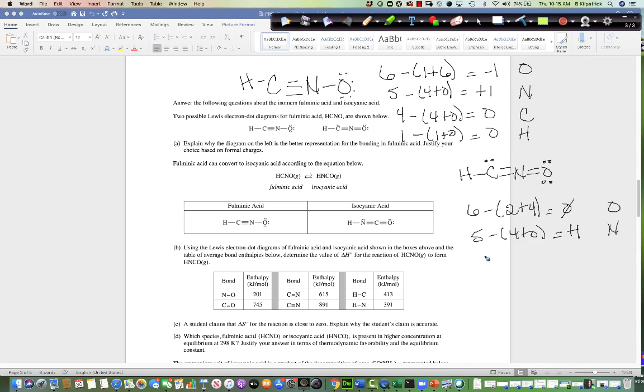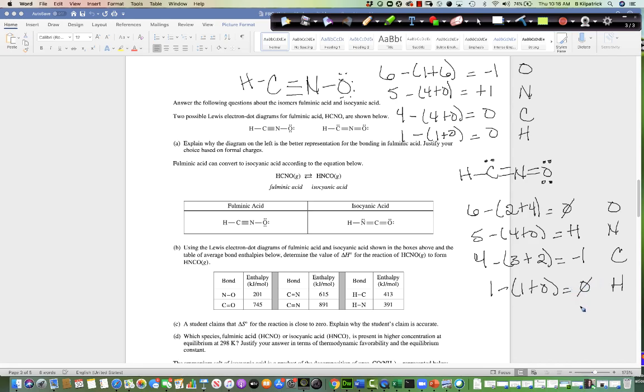Then for carbon, there are 4 valence electrons, and for this one there are 3 bonds and 2 lone electrons. So that one will give me -1. And then hydrogen should be the same thing: 1 valence electron minus the 1 bond would be 0.